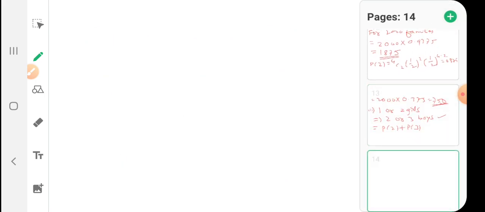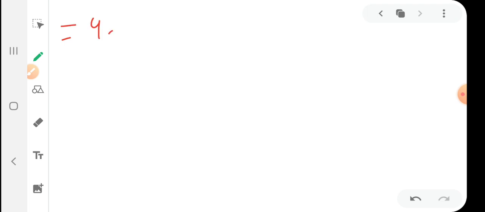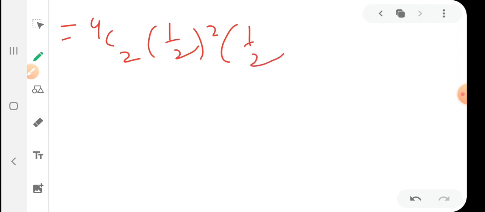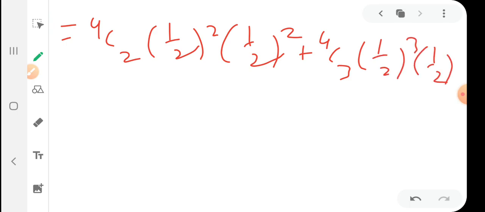Now do the calculation, P of 2 plus P of 3. So here 4C2, already we have found this for P of 2, no need to find it again, just use as it is. Then 4C3 into 1 by 2 cube into 1 by 2 raised to 4 minus 3, that is 1. And do the calculation.